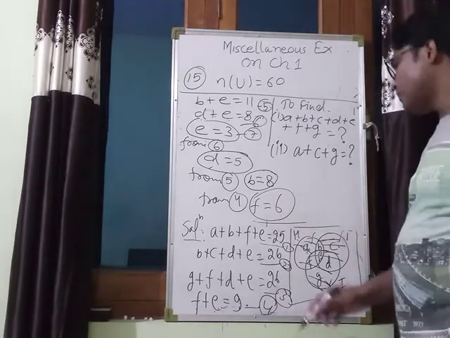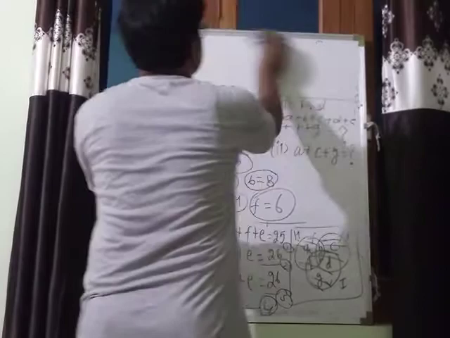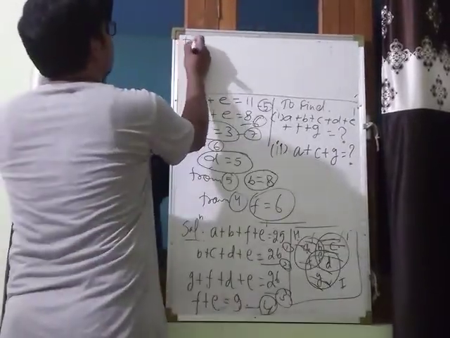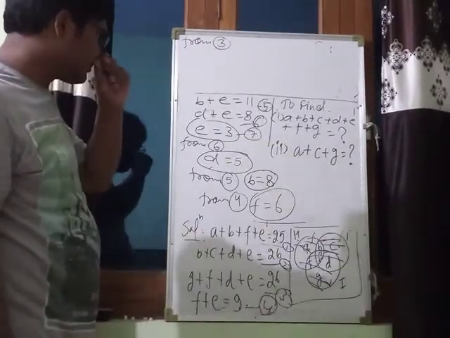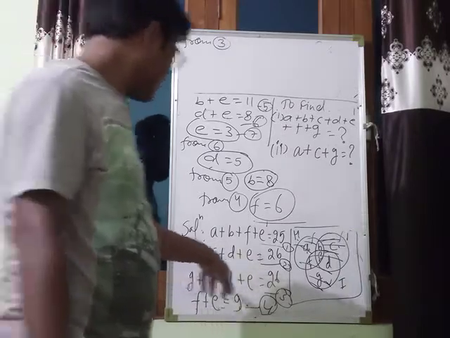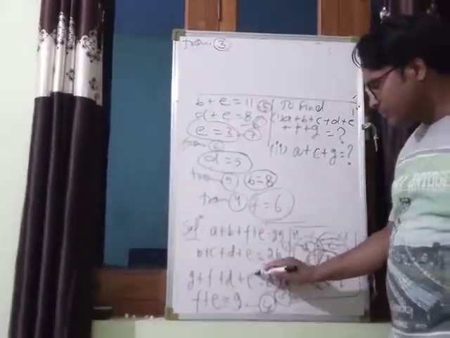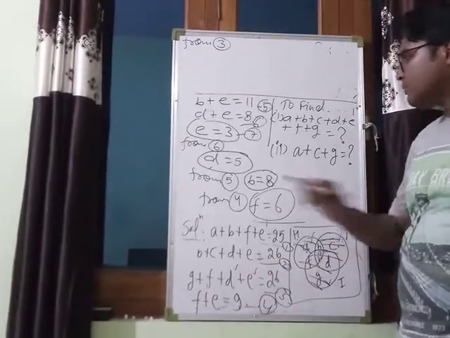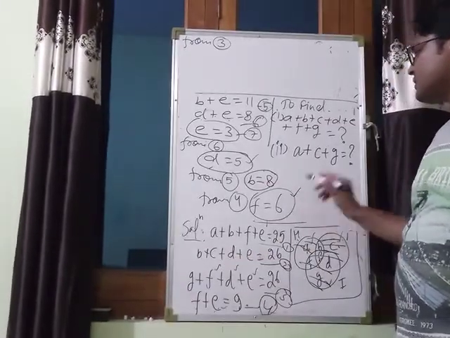Now from third, this one is third. Put the value of E, that is 3, the value of D, that is 5, and the value of F, that is 6.